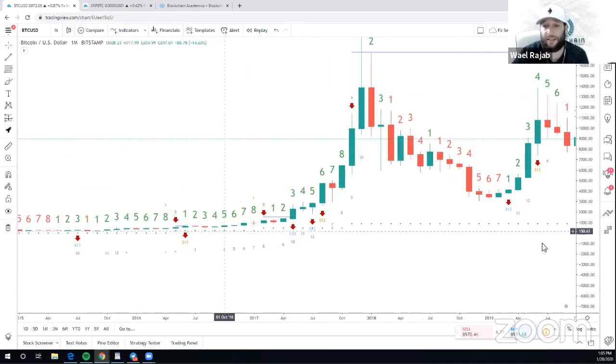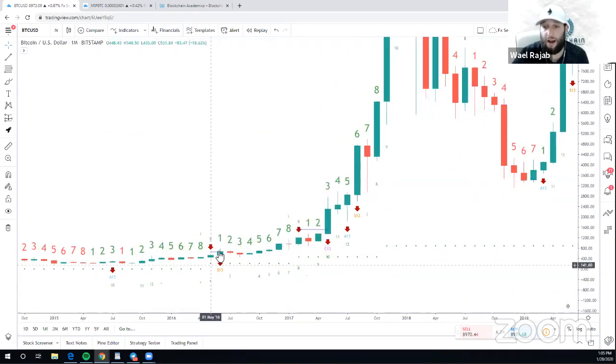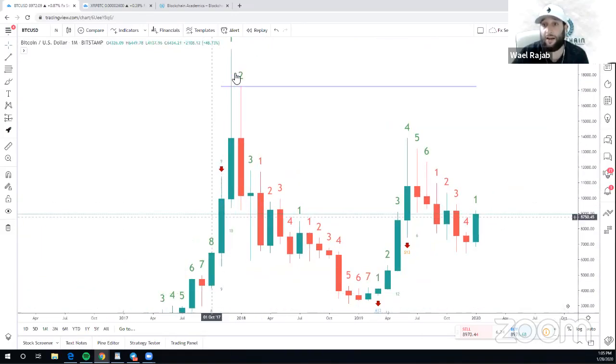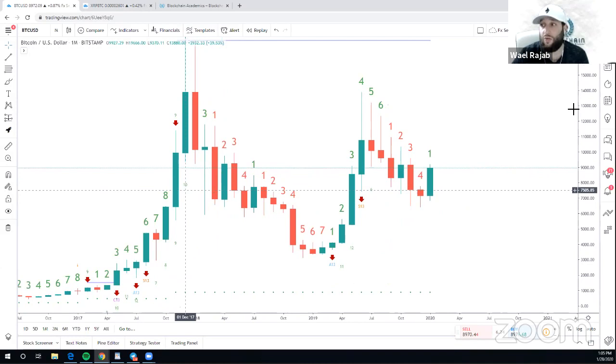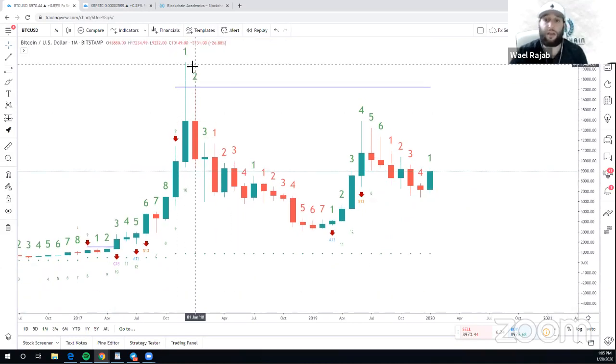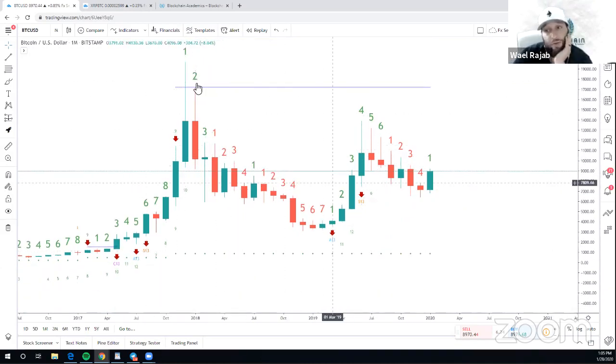Here is obviously a bull market. We're placing higher highs, higher lows, higher highs, higher lows, and now we started placing lower highs here. This is the low. This is the lower high.